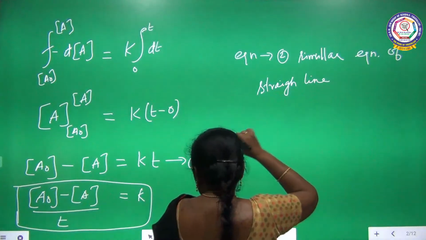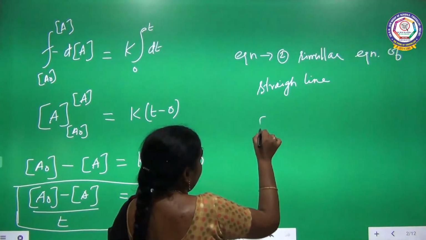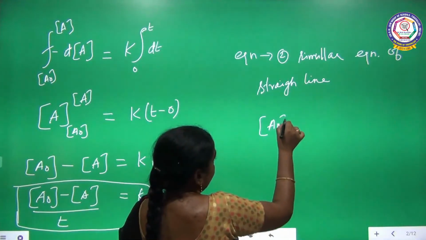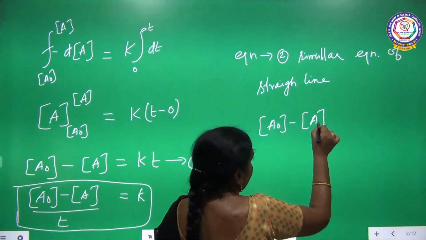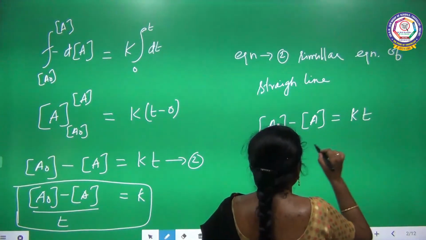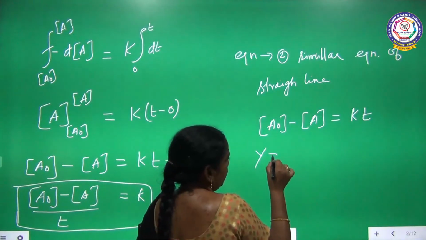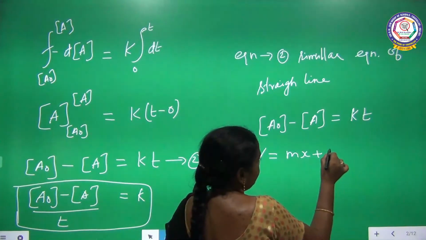So now you can draw a graph. So, A0 minus A equal to Kt. The straight line equation is y equal to mx plus c.